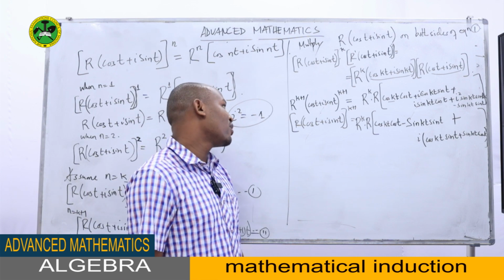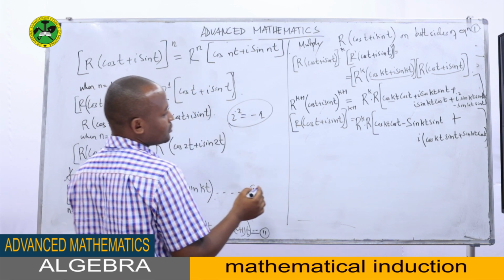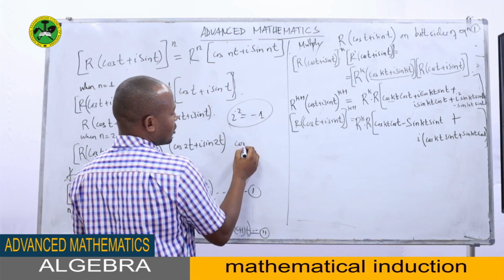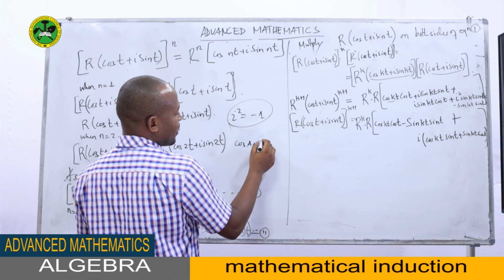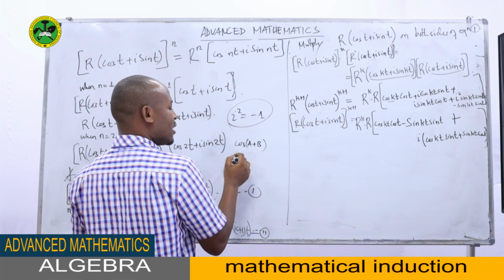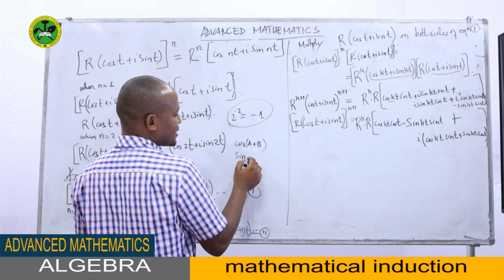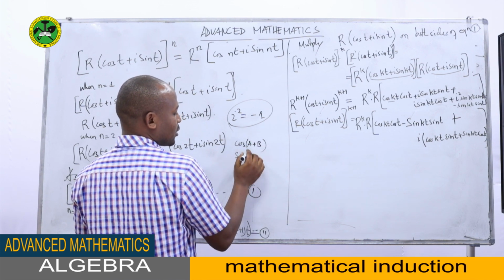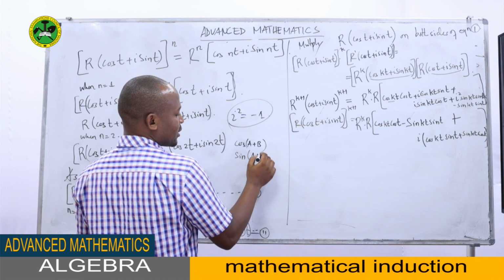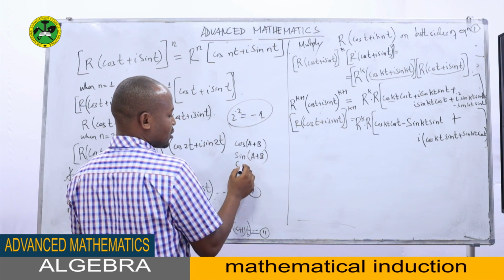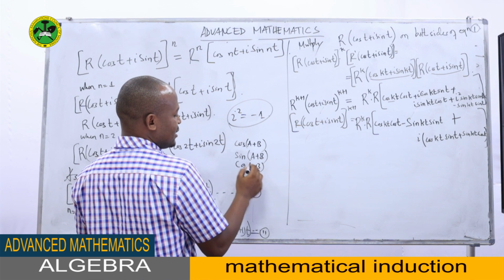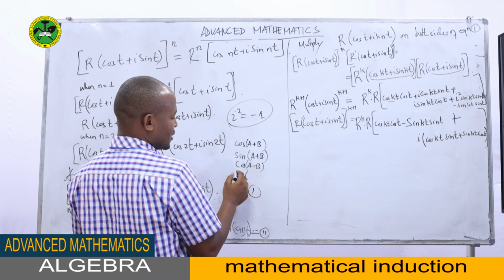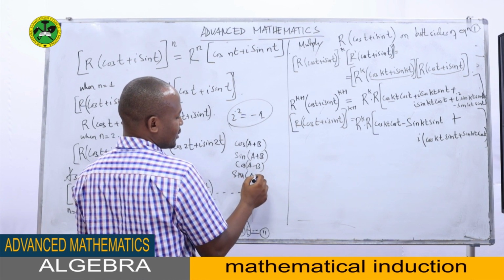Now from the double angle formula, we know that when you have cos of A plus B, and when you have sine of A plus B, what are the answers? Cos of A minus B and sine of A minus B.